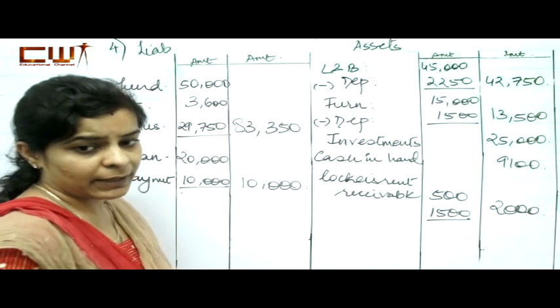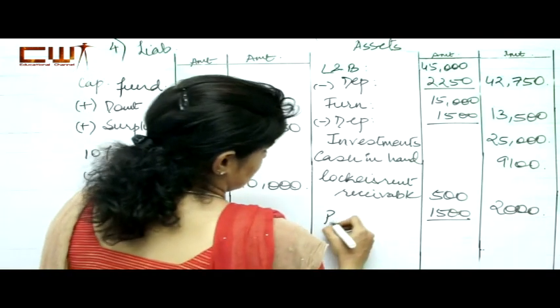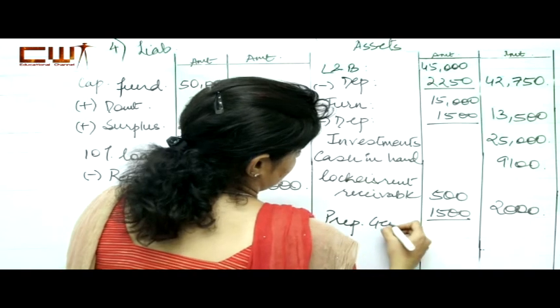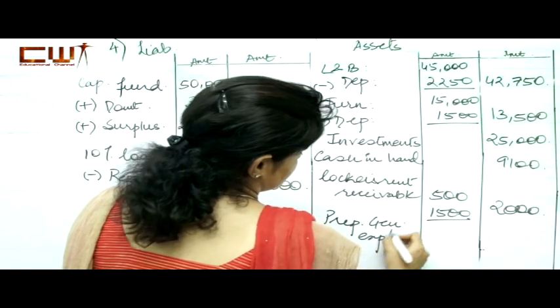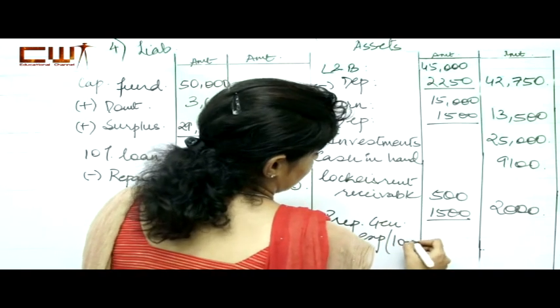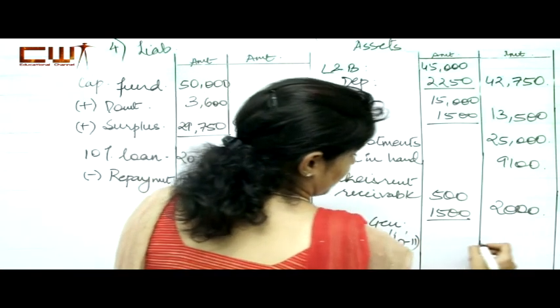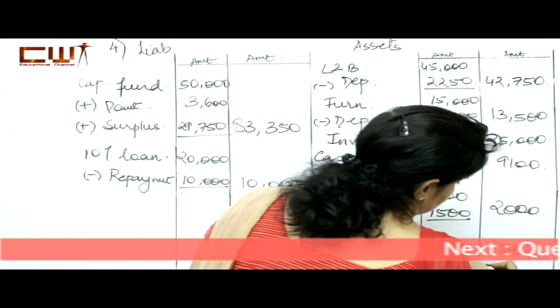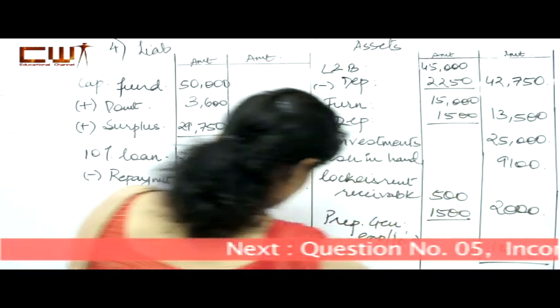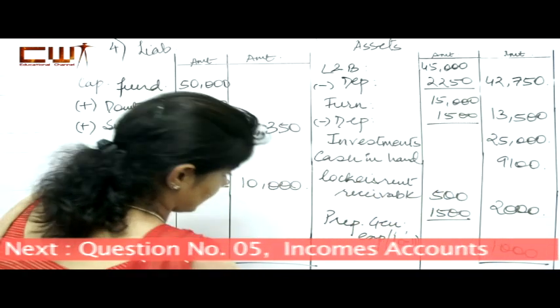Then you have the prepaid general expenses. Prepaid general expenses for which year? 2010 and 11. Right? How much? 1,000. So this is your balance sheet that is made.